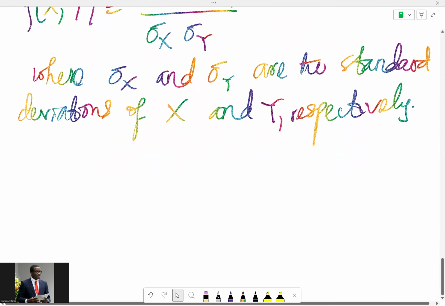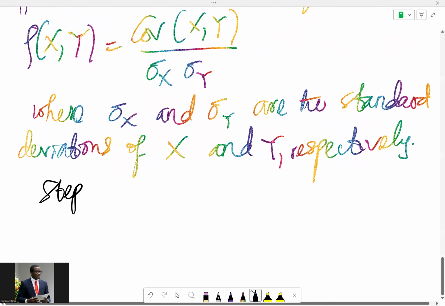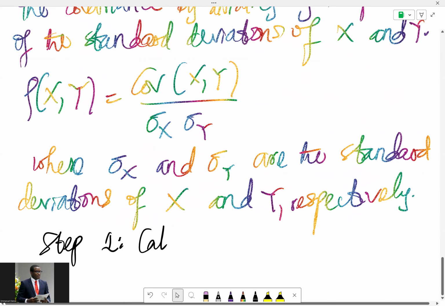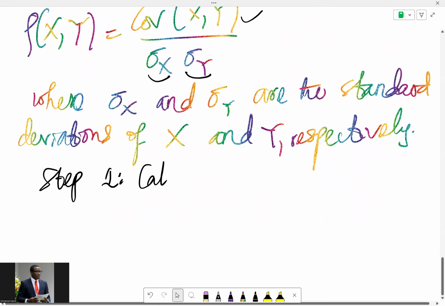Okay, all right, so let's do the steps again. For this, now we have step one. You can see we already have this covariance, but then we need the standard deviation of x and the standard deviation of y. So the first step is to calculate, of course, standard deviation is the square root of variance.